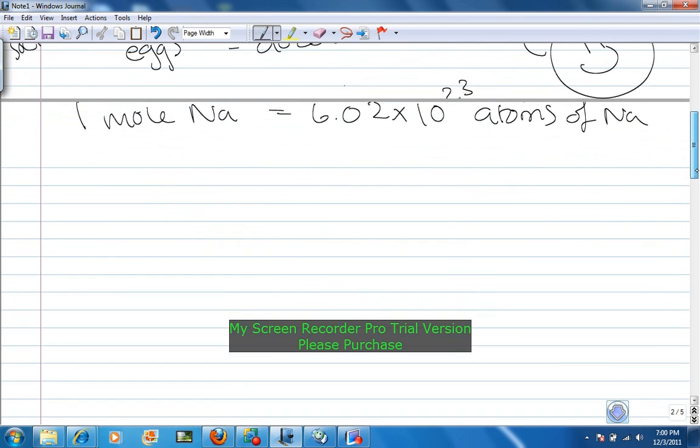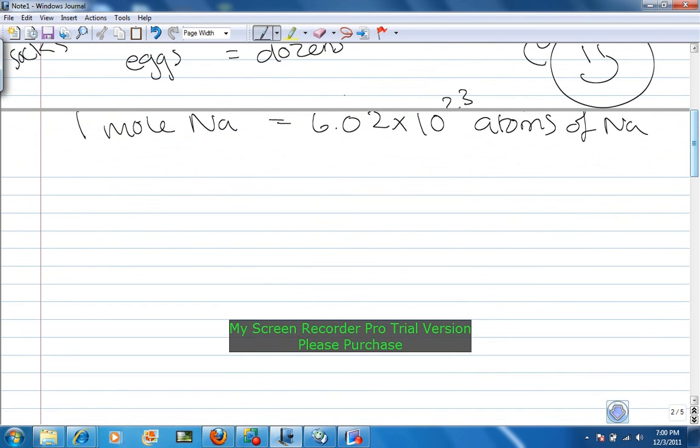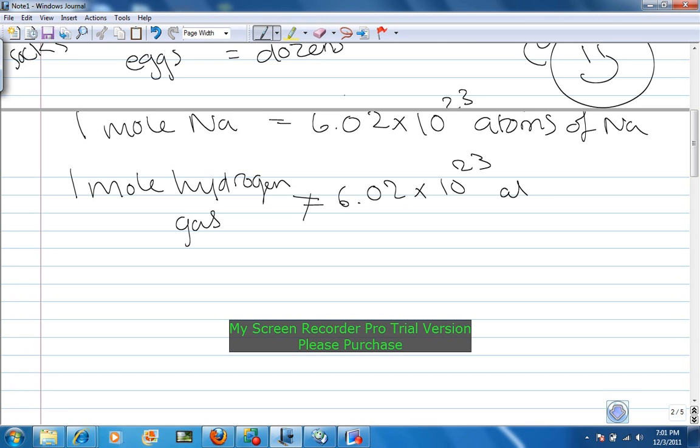It seems fairly easy and sounds really simple, but there are a few tricky questions. For example, 1 mole of hydrogen gas does not equal 6.02 times 10 to the 23 hydrogen atoms. Why is that? Basically, hydrogen gas never exists naturally as a single atom of hydrogen.